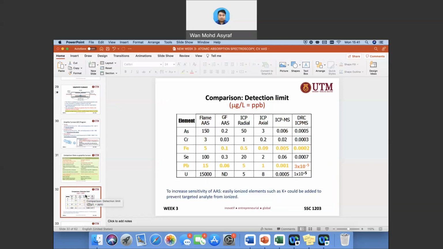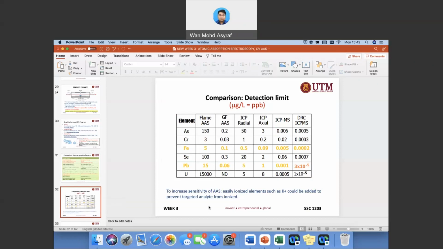So these are the detection limits for your element of interest. To increase the sensitivity of atomic absorption, easily ionized elements such as K plus could be added to prevent the targeted analyte from being ionized.